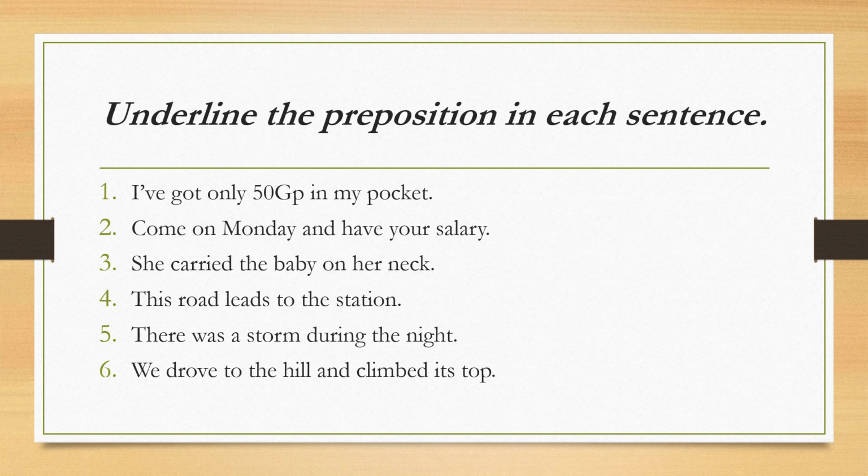Number 2, come on Monday and have your salary. 3, she carried the baby on her neck. Number 4, this road leads to the station. 5, there was a storm during the night. 6, we drove to the hill and climbed its top.